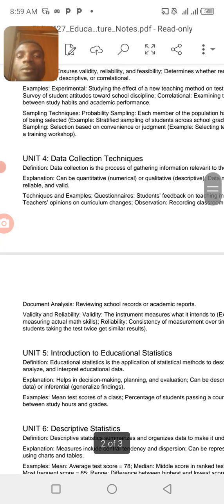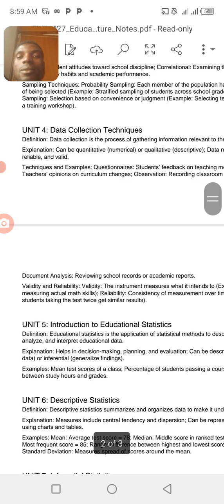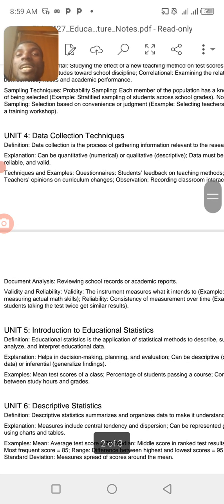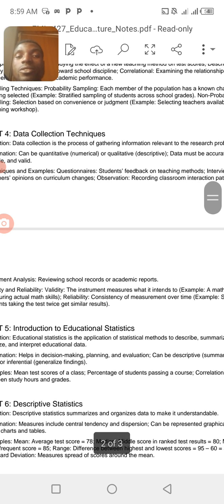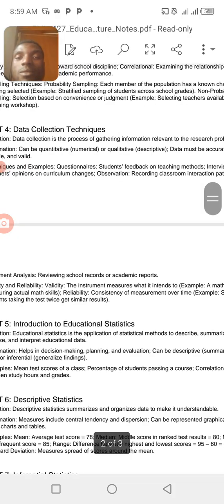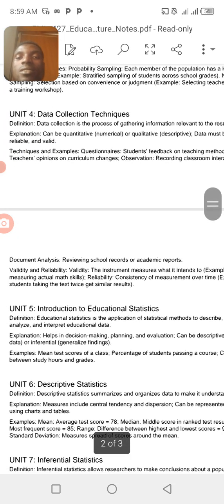Okay. Then unit 4, we're going to talk about data collection techniques. So actually we know that data collection has to do with the process of gathering information that is relevant to the research problem. That is data collection.